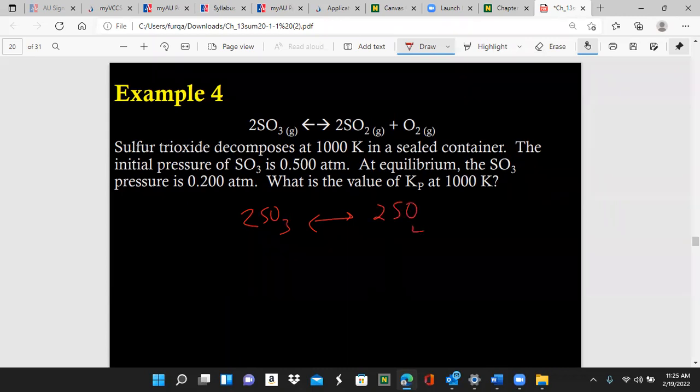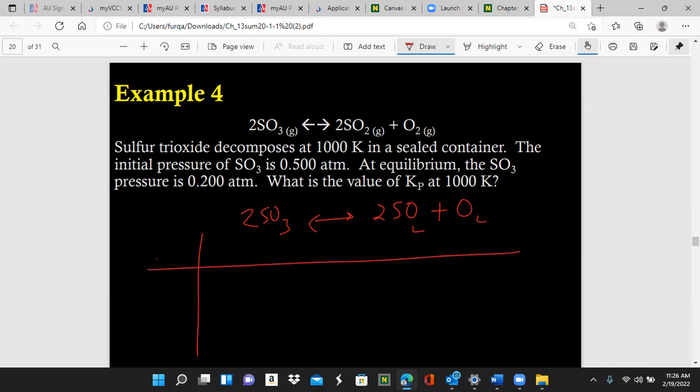I usually use an arrow to keep myself in a position that this is how it is. Okay, then I'm going to make this chart here, and I'm going to make 3 rows to it. The first one is going to show the initial concentration, the change in concentration, and the concentrations at equilibrium.